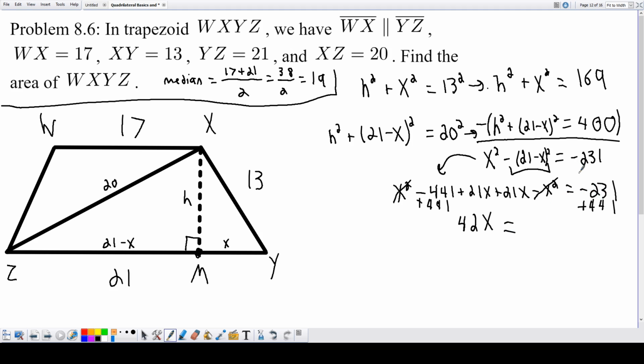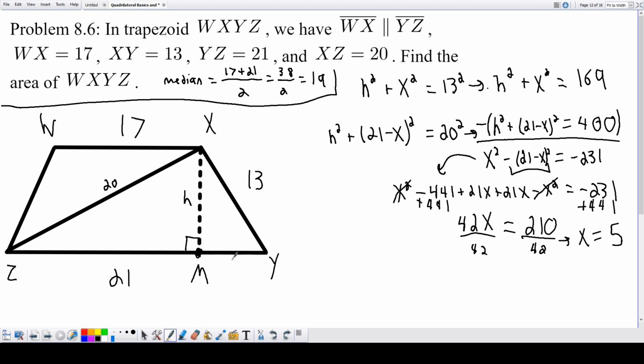Now we have, well, 441 minus 231 is 210. And then we just divide by 42 to get that x is equal to 5. Wonderful.